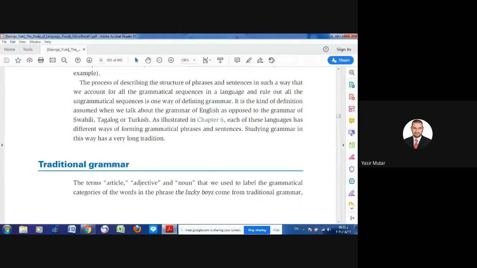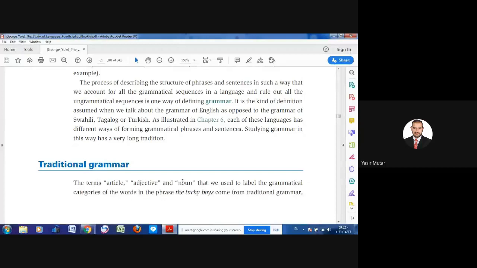Traditional grammar. Within the grammatical structures or the grammatical description of sentences, you will see such words: article, adjective, noun, verb, adverb, pronoun, preposition.